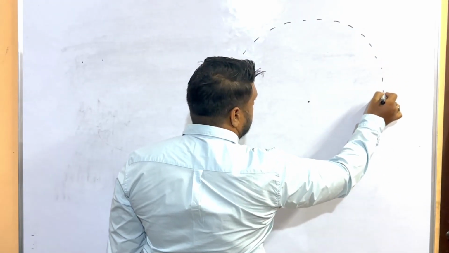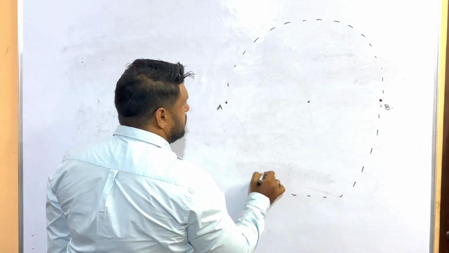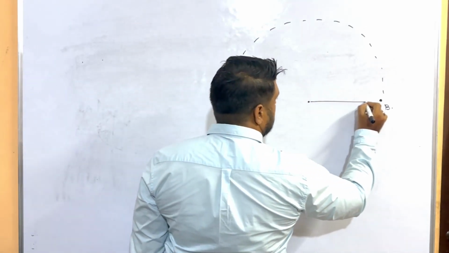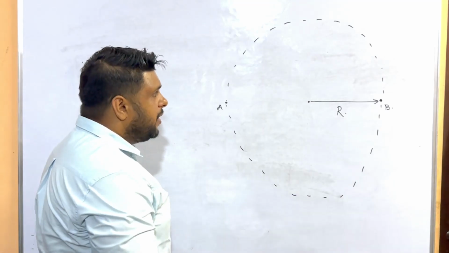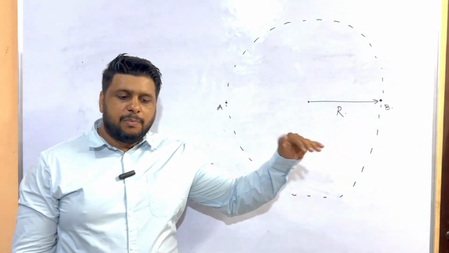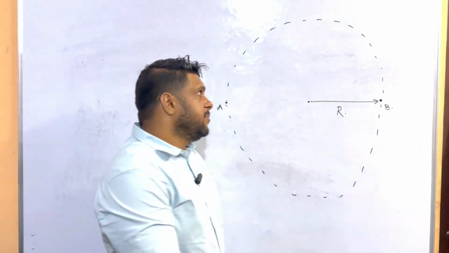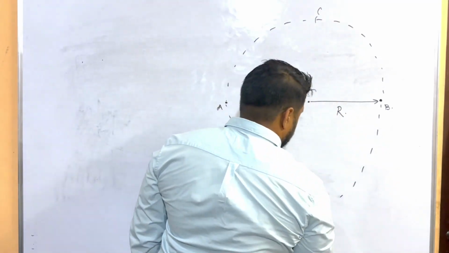The radius is r. Let's mark different points; this is C, and this is D.